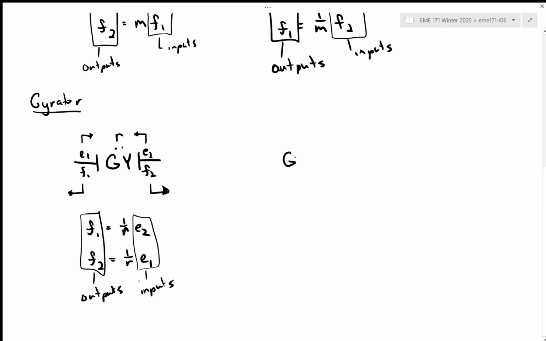And then lastly, the gyrator. The other option is that both of the causal strokes are to the outside of the two-port there. And this means that both flows then become the inputs and both efforts become the outputs. And we can write our equations.